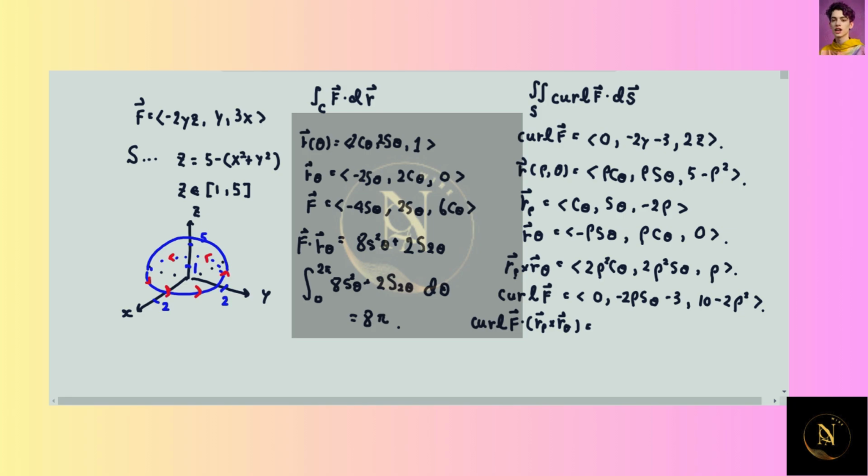When you simplify it, I like to write it like this: -2ρ³, I can factor that out from 2 of the terms.